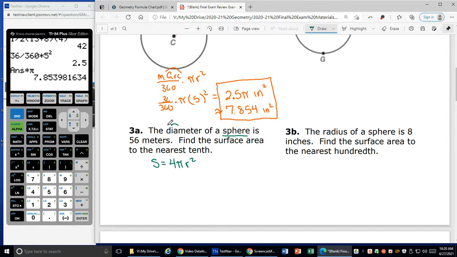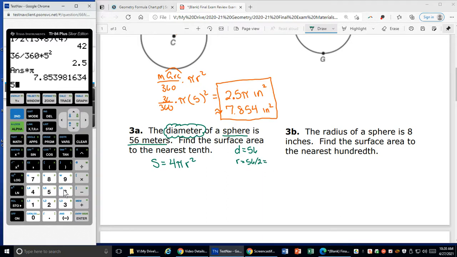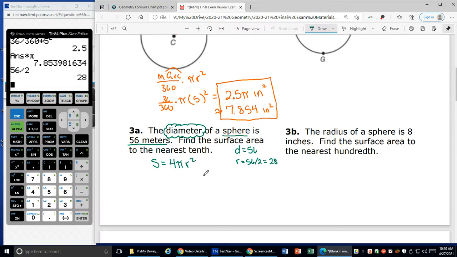Now, they didn't give me the radius. They gave me the diameter, which is 56 meters. So if the diameter is 56 meters, I have to divide 56 in half to get the radius. 56 divided by 2 is 28. So my surface area equals 4 pi times 28 squared.